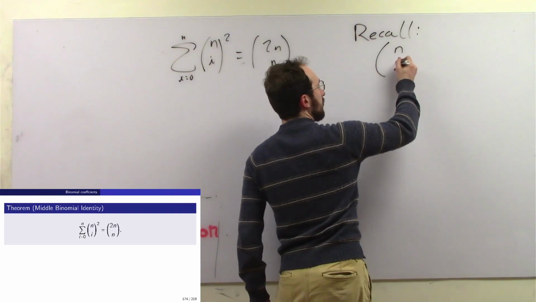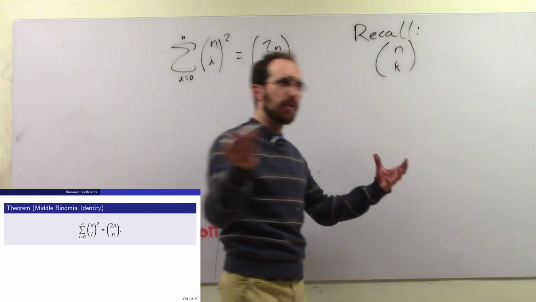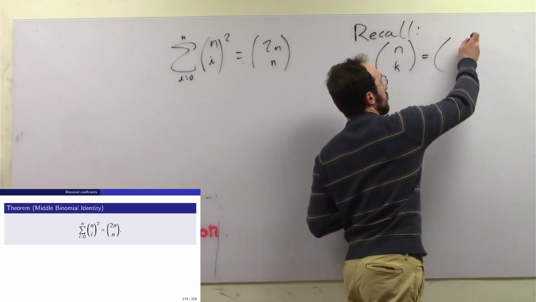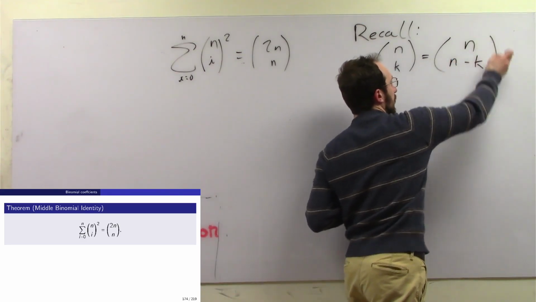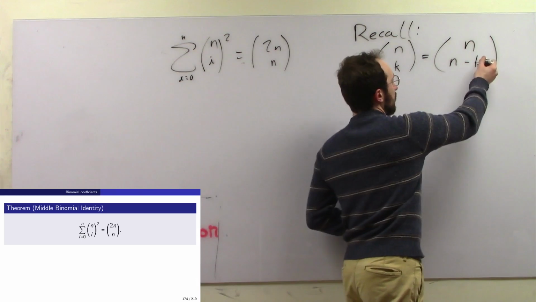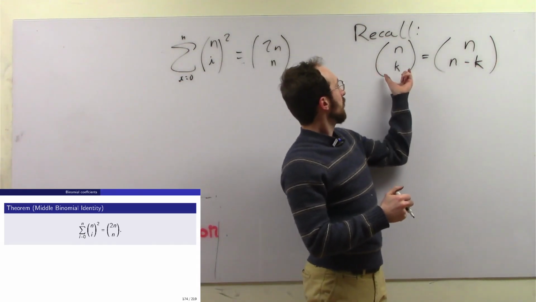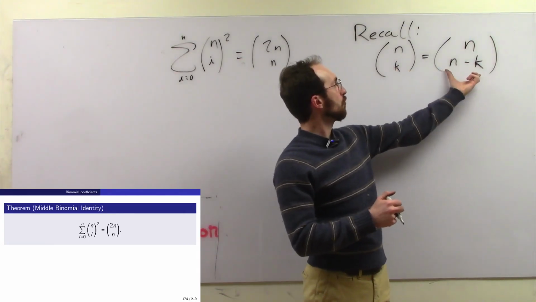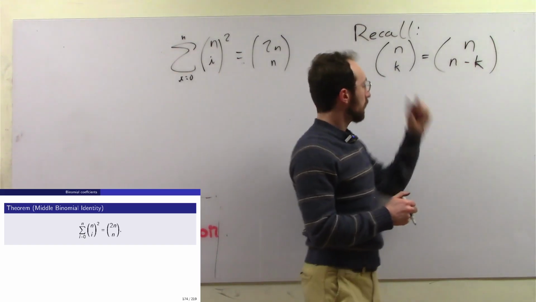It's just this idea that the number of ways to choose k things from a set of size n is the same as choosing a set of size n minus k from that set. That is to say, if I choose k things from here, I didn't choose n minus k, vice versa.